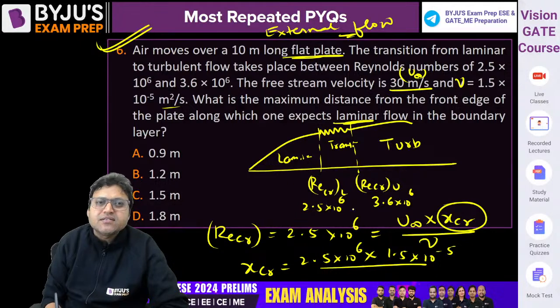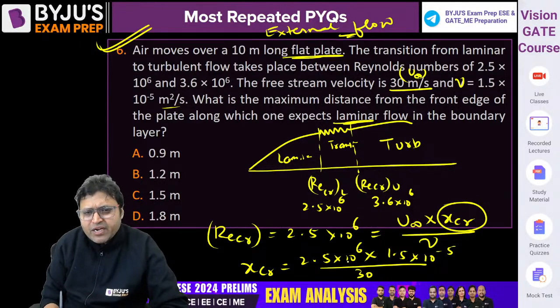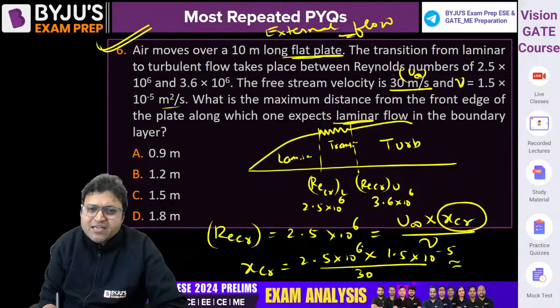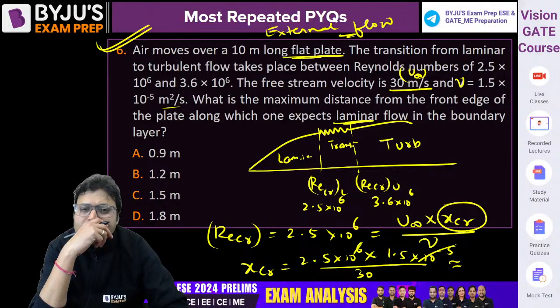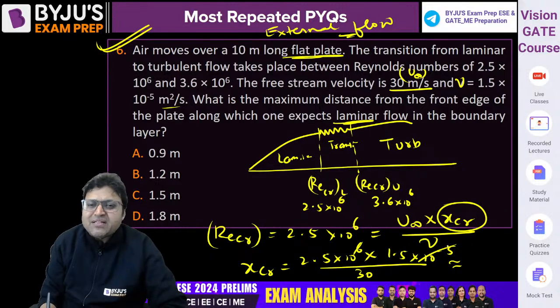What is the free stream velocity? 30. So the powers of 10 cancel out, and it will be 2.5 into 1.5 divided by 3.